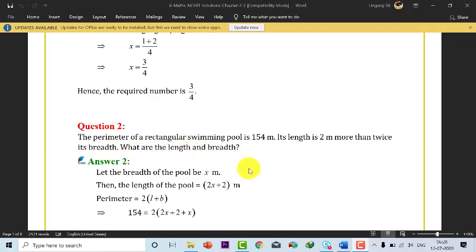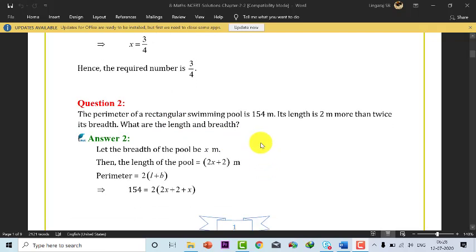So we take an imaginary rectangular figure whose perimeter is 154 meter, and one side length is 2 meter more than twice its breadth. We should find the length and the breadth.